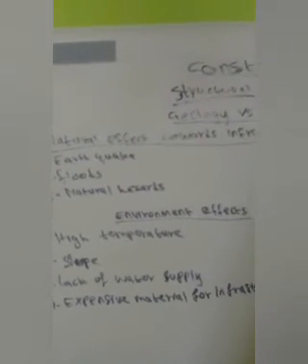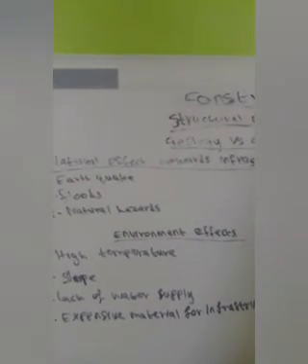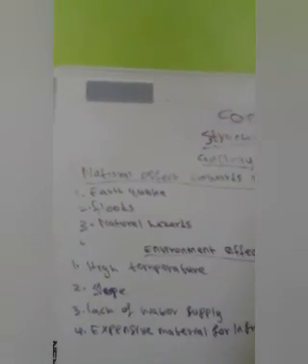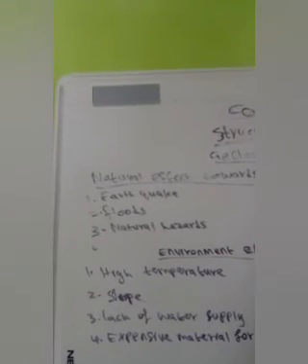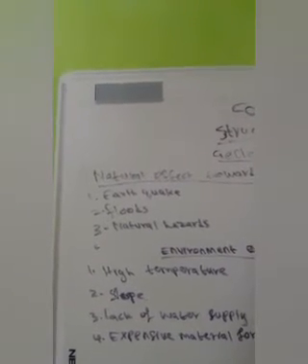Then when it comes to expensive material used for infrastructure, this material is used just because of the environment. You use that material to protect the infrastructure, so it does not collapse and does not suffer natural hazards. That is the purpose.